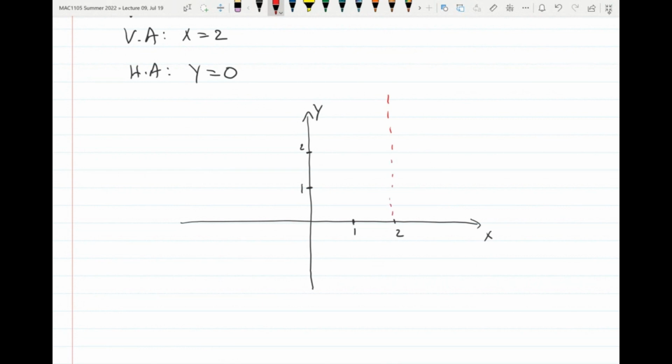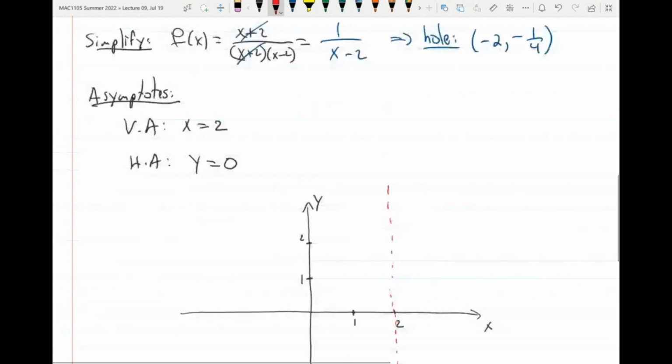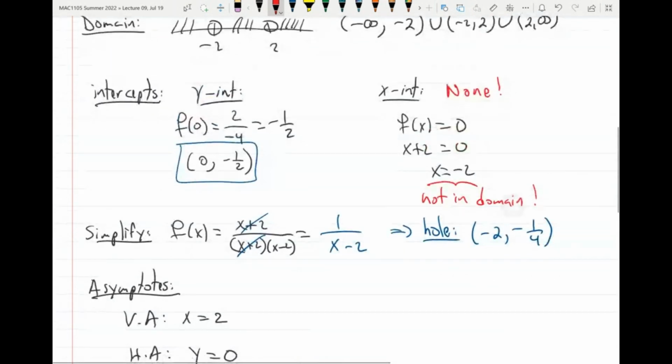And the asymptotes, we typically do them as dashed lines. So we have our horizontal asymptote, which happens to be the x-axis, and our vertical asymptote, which is the line x equals 2.